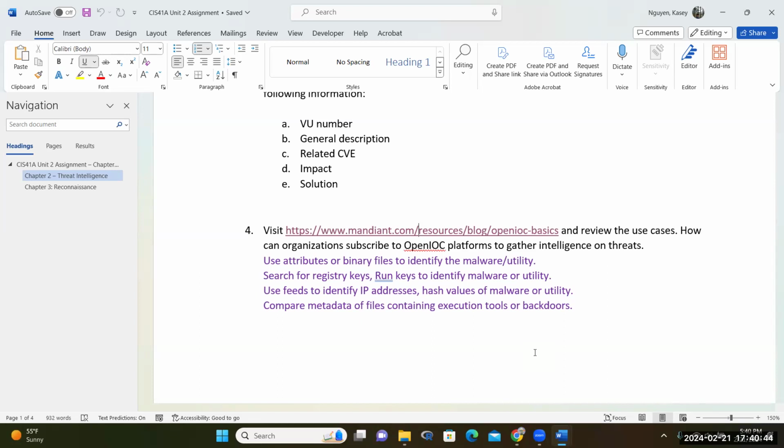And within that, you will be able to search for registry keys, because anytime any software tool comes into your system, it updates the registry, especially in a Windows environment. So you can search for specific registry keys, because they would be able to provide that. That way you can quickly identify the malware.